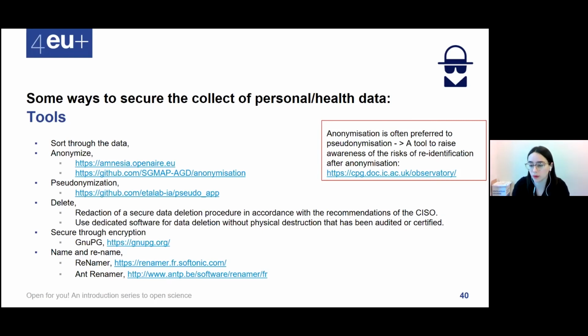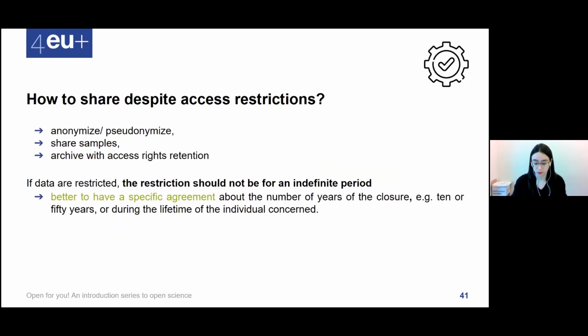So it's a tool which is pretty simple. It's simple to test with your own data, and you will be scared, I think. To review how to share despite access restriction: anonymize, pseudonymize, share samples, and archive with access right retention.